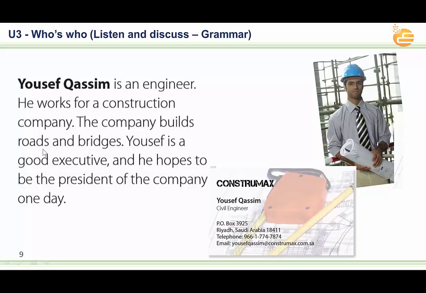The company builds roads and bridges. Youssef is a good executive, and he hopes to be the president of the company one day. Construmax. Youssef Kassem, civil engineer. P.O. Box 3925, Riyadh, Saudi Arabia 18411. Telephone 966-1-774-7874. Email youssefkassem@construmax.com.sa.